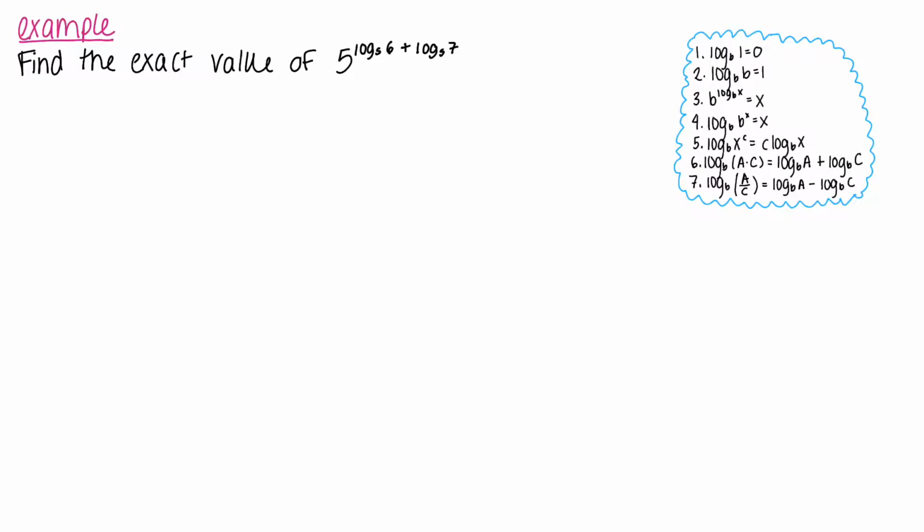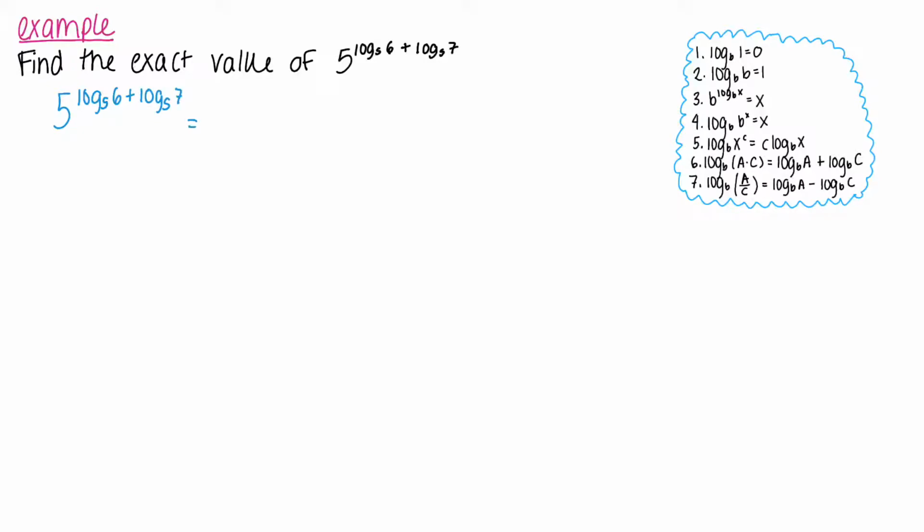Let's go ahead and try again on this guy. Now he looks a little nasty, but we just kind of have to focus on what we have. So this 5 is the base, and then all of this is in the exponent. So we have 5 raised to the log base 5 of 6 plus log base 5 of 7. Neither of these can be simplified in the form they're in, but we can use this rule number 6 down here to, because it's adding on the outside, bring them together as multiplication on the inside. So let me rewrite this. 5 to the log base 5 of 6 plus log base 5 of 7.